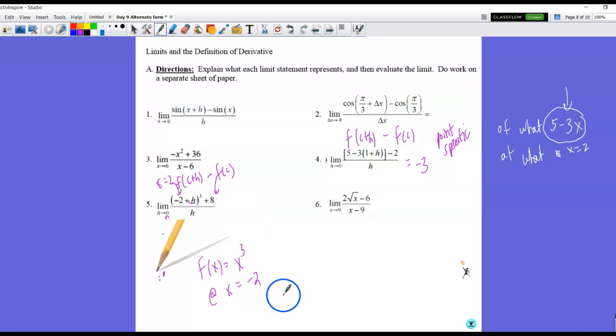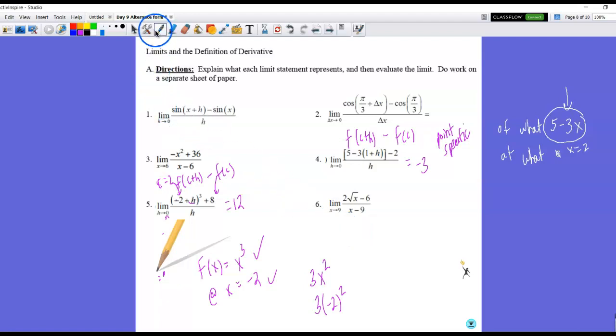And so when I write this up, I would say this expression represents the point-specific derivative of x cubed at x equal to negative 2. So when I take the derivative of f of x, I get 3x squared by the power rule. And when I substitute negative 2 and I square negative 2, I get 4 times 3 is 12. So this expression simplifies to be 12, meaning that the derivative of x cubed at negative 2 is 12.